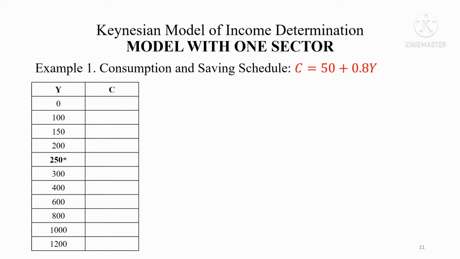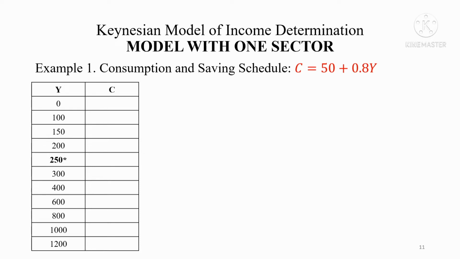So consider that the level of income, or y, is reflected in the table. Can we solve the level of consumption, or C? Okay, so with the given equation, if y is 0, what is C?